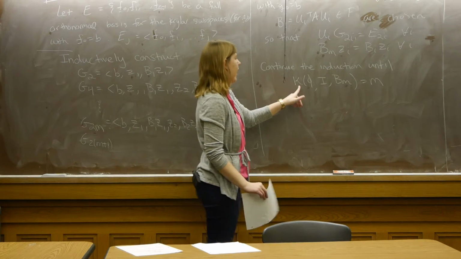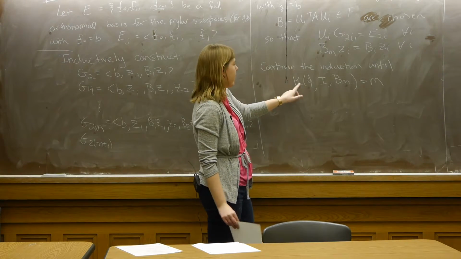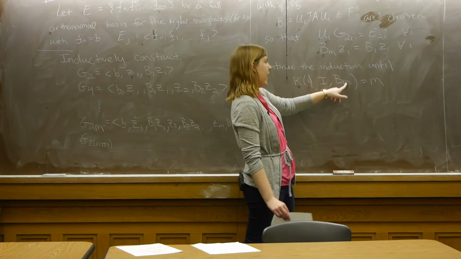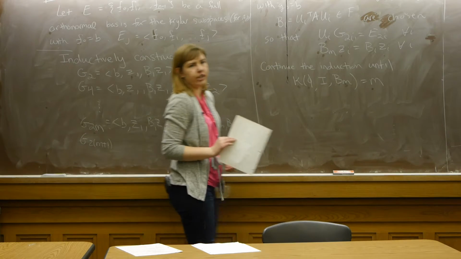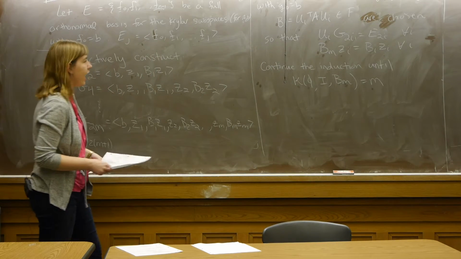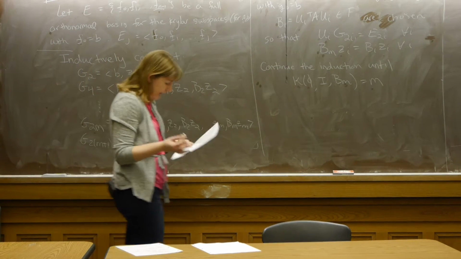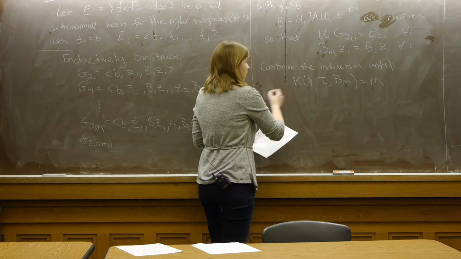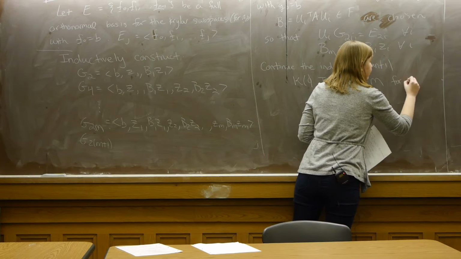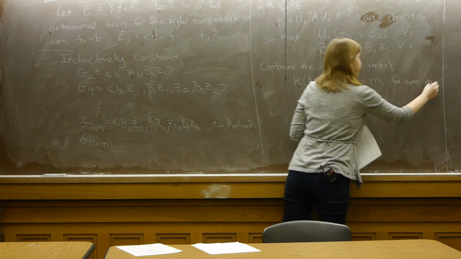So at step I, we're going to compare the matrix index of BI, and if it's equal to I, then we're going to stop the induction. And at that point, we go to the last step. So this is for some M.